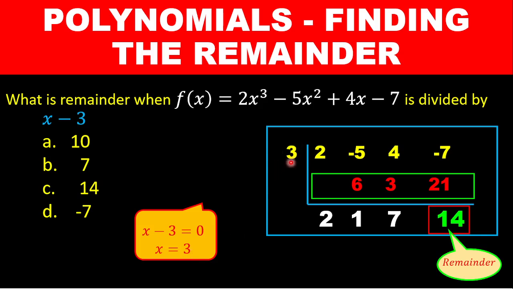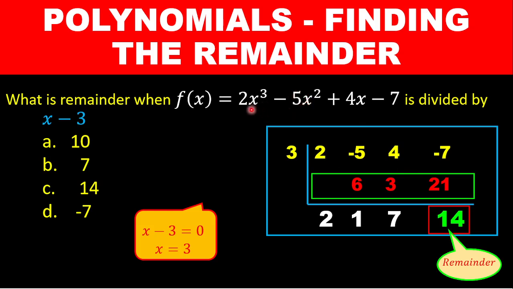Now let's move on to this row. How did we get these items? We got this from the question. The question is 2x cubed minus 5x squared plus 4x minus 7. So the 2, minus 5, 4 and 7 that you see here represent the coefficients of the variables in the question.